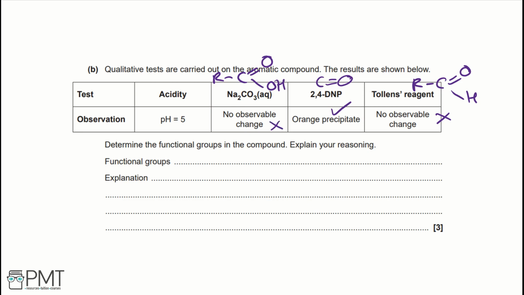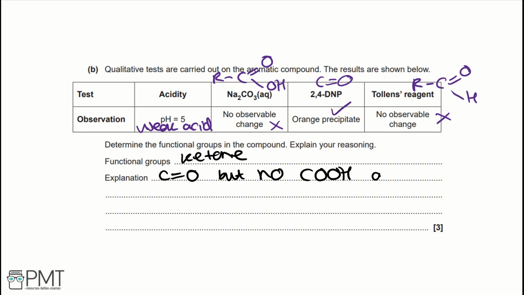The acidity of pH 5, well, that's pretty weak, so it's a weak acid. Therefore, our functional groups are a ketone because there is a carbonyl group, but no carboxylic acid or aldehyde.